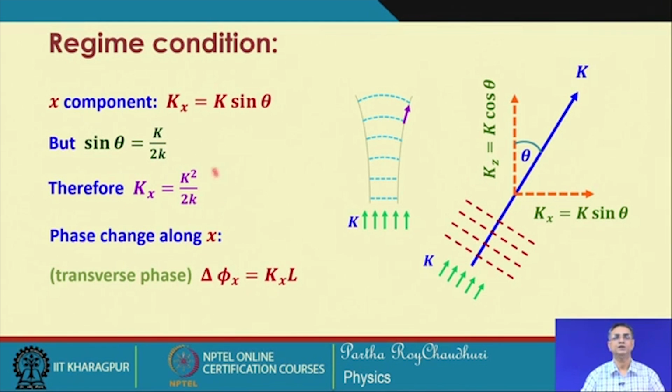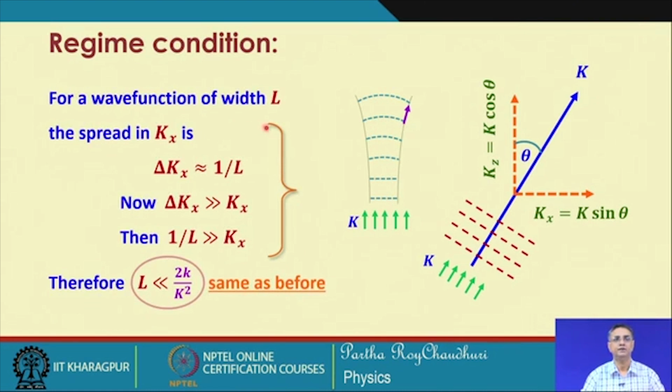Now, the phase change. So, this is the condition. Now, the phase change along this direction will be this propagation constant along x multiplied by this length L. So, this gives you delta phi x which is equal to k x L. This is the transverse phase change that is happening in this direction. So, for a wave function of width L, we know that the spread in k x, delta k x, is 1 upon L, and therefore, delta k x is much greater than k x. This spread delta k x is much greater than k x.